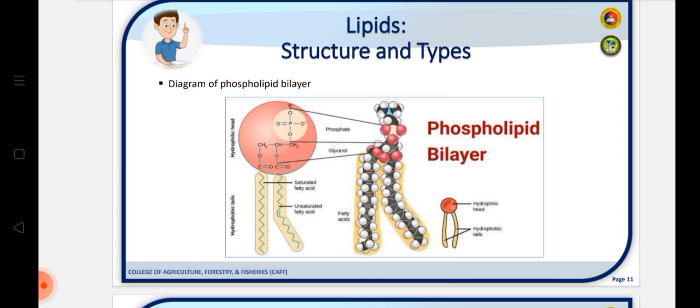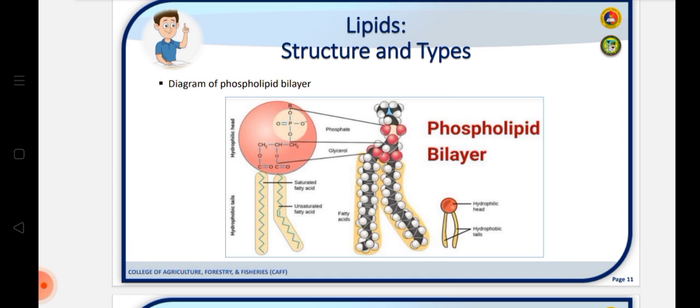Amphipathic means they have both hydrophilic and hydrophobic regions. The hydrophilic head is composed of a phosphate group and glycerol, which interacts favorably with water. On the other hand, the hydrophobic tails, made of fatty acids, repel water and prefer to interact with other lipids.